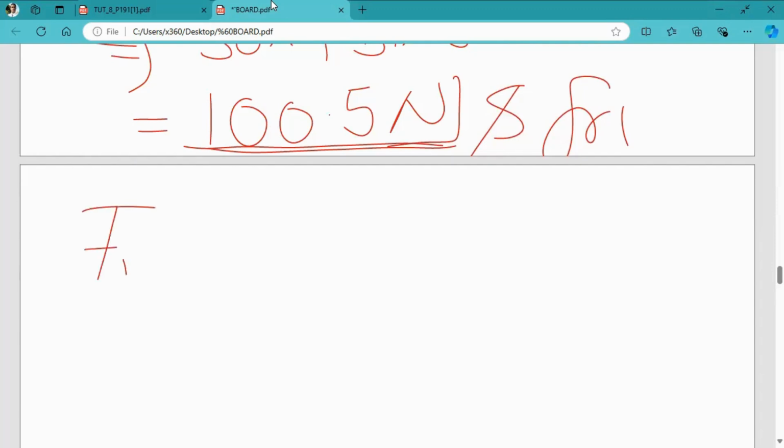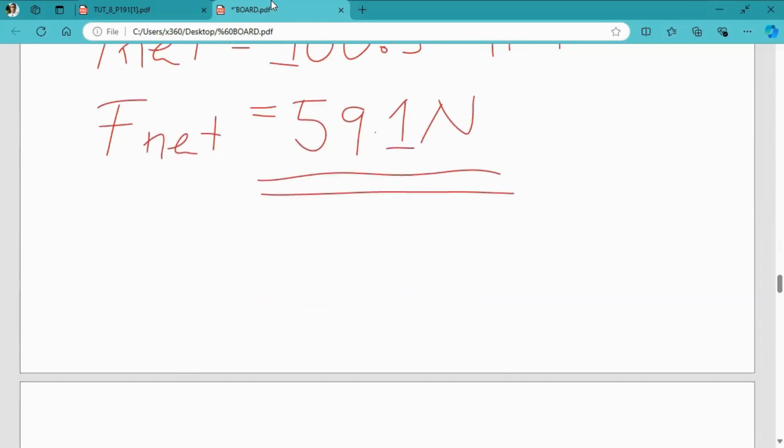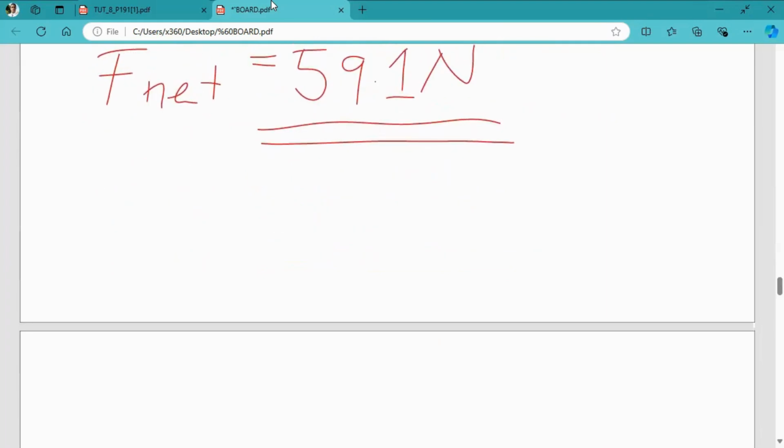So F net will be equal to 100.5, since this is the positive force that is causing movement along the incline, minus 41.4, which is the value of the frictional force. And this is going to give us an F net which is equal to 59.1 Newton. This is the net force that is causing acceleration down the incline.